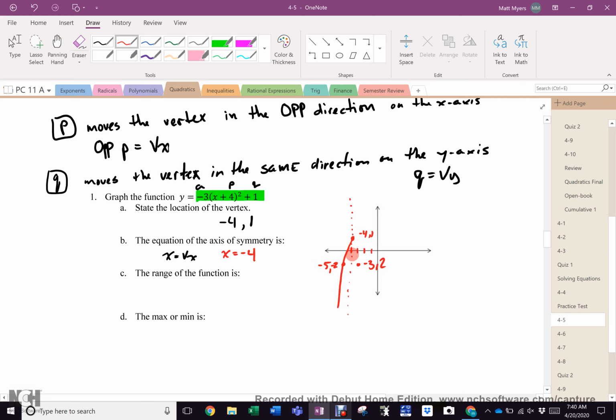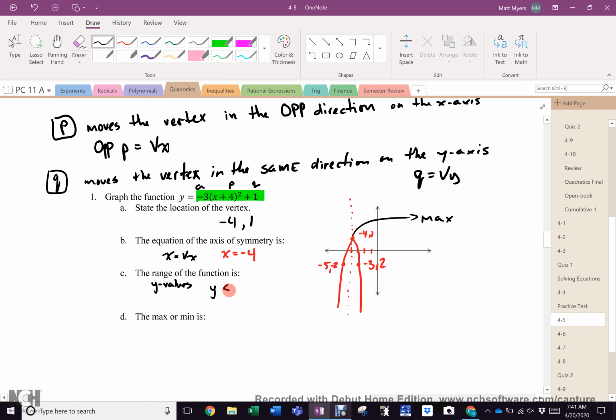And I go down. The range. So the range are y values, of course. My y values, is this a maximum or a minimum? That is a maximum. So my y values all have to be lower than that.